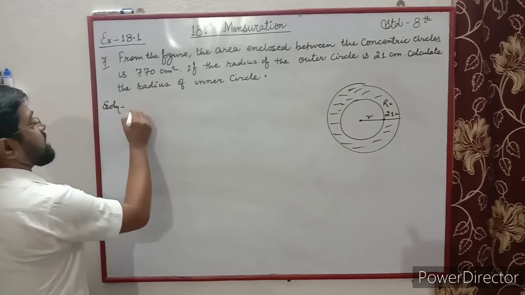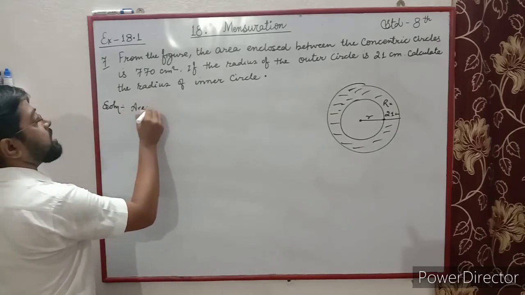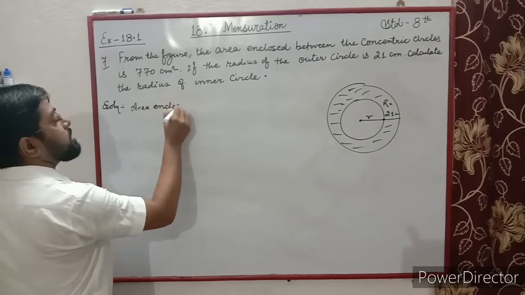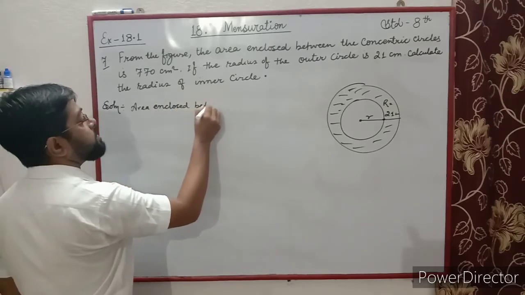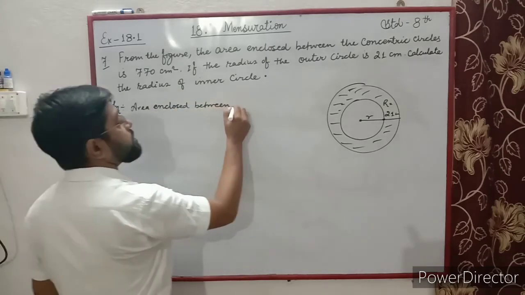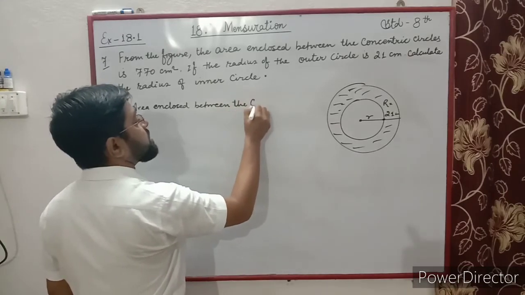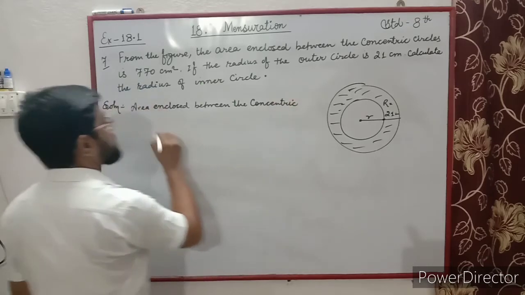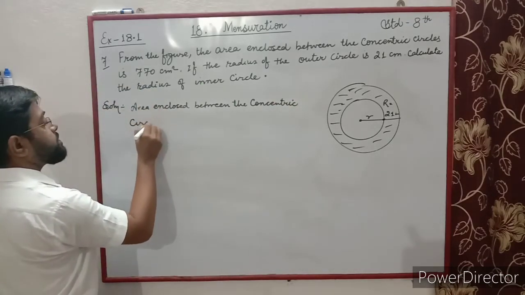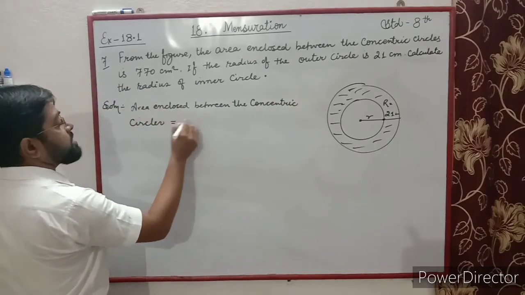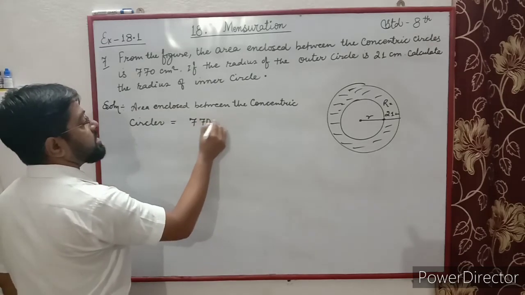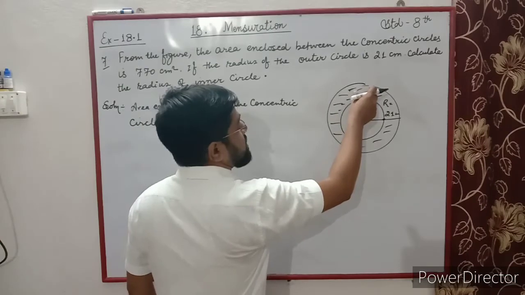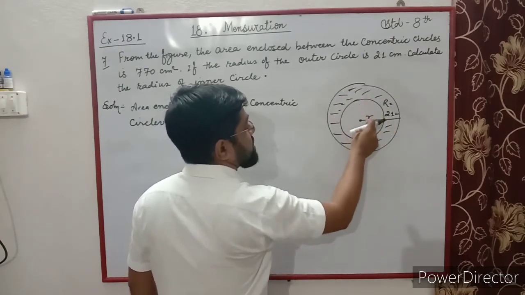Now given area enclosed between the concentric circle is 770 centimeter square. Now we have to find the radius of the inner circle.